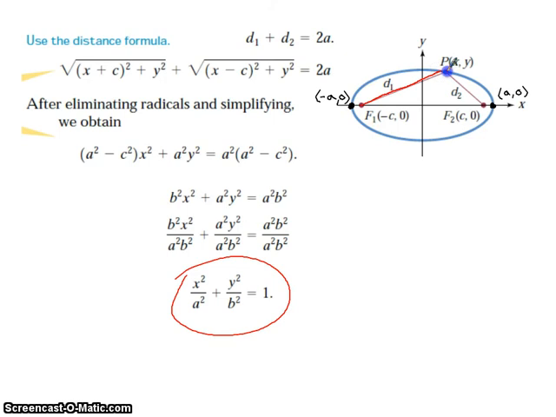The sum of these two distances, d1 and d2, the string, is equal to 2 times a. And a is the distance from the very center all the way out to one vertex point. So d1 plus d2, that string, is equal to 2 times a.